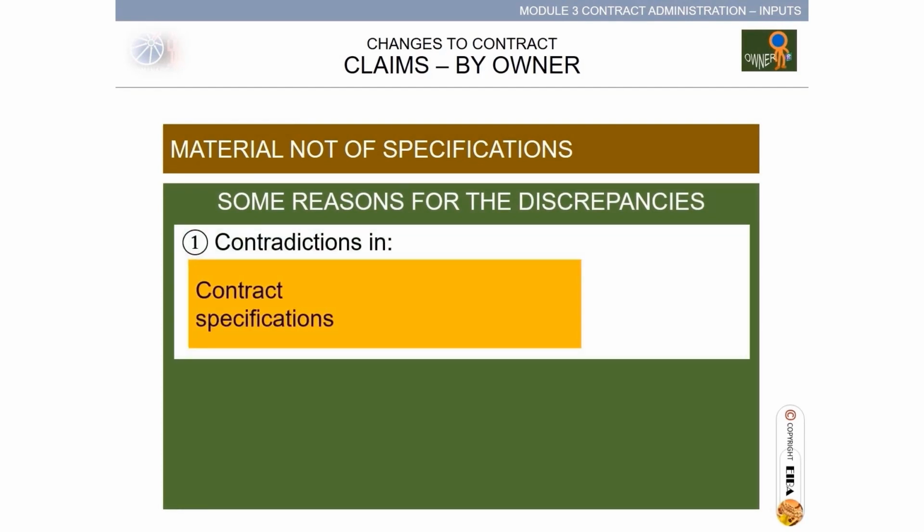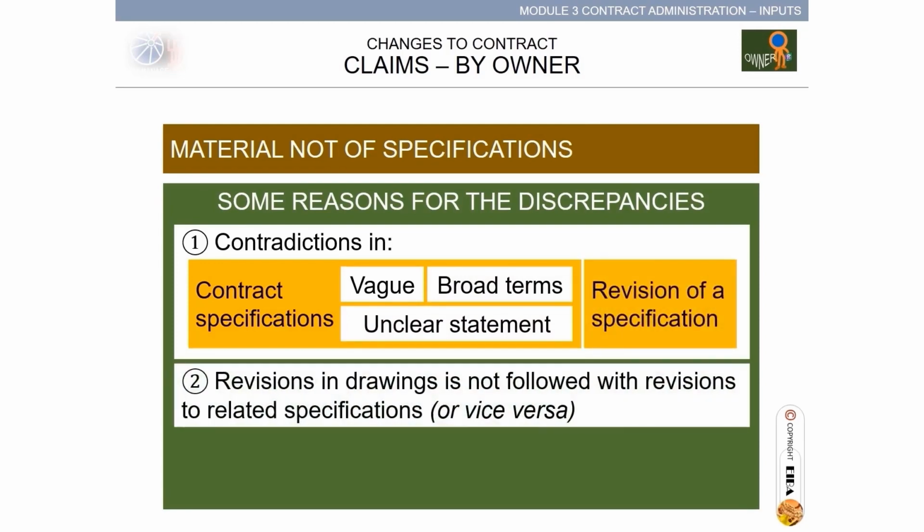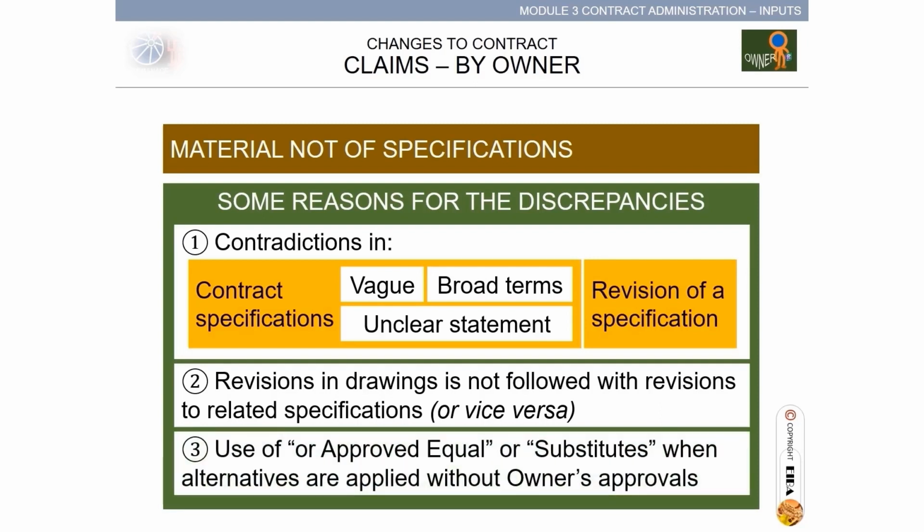First, contradictions in contract specifications that are vague in broad terms and in unclear statements during a revision of a specification. Second, revisions in drawings are not followed with revisions related to specifications or vice versa. This results in miscoordination. Third, use of or approval of equal or substitutes when alternatives are applied without the owner's approval. Many times, this happens when the specified items were missed out in the bids and are more expensive.